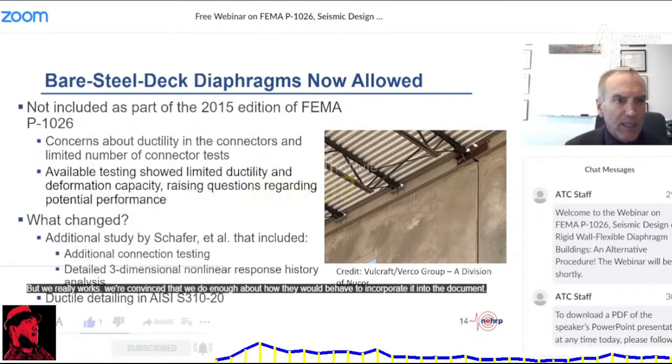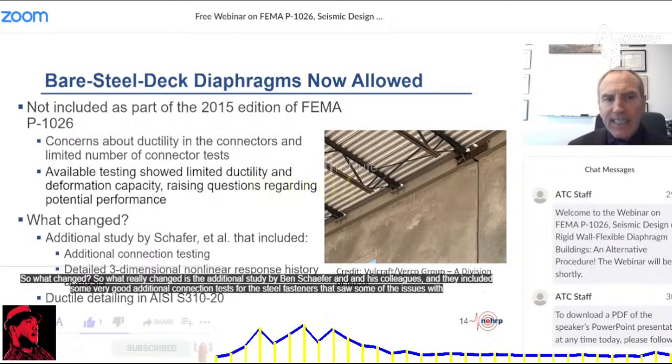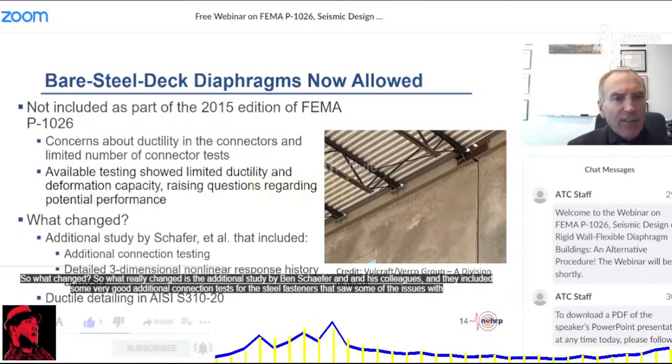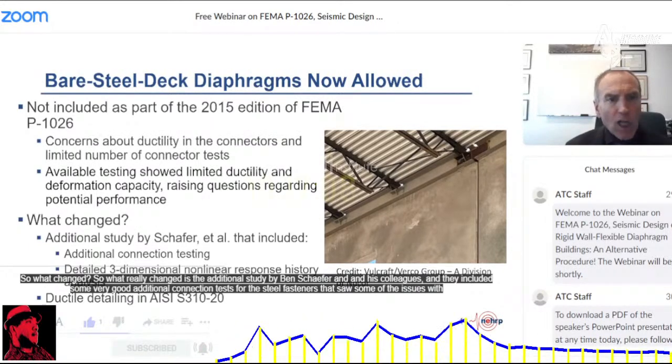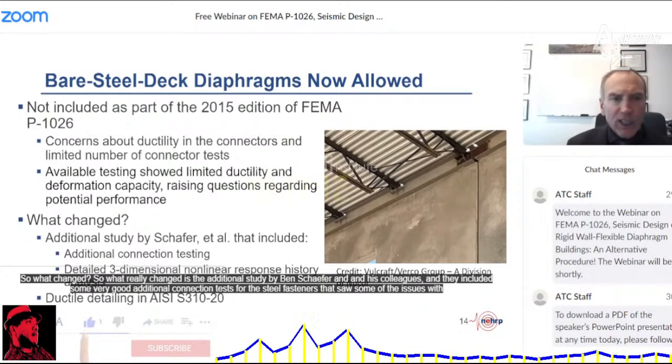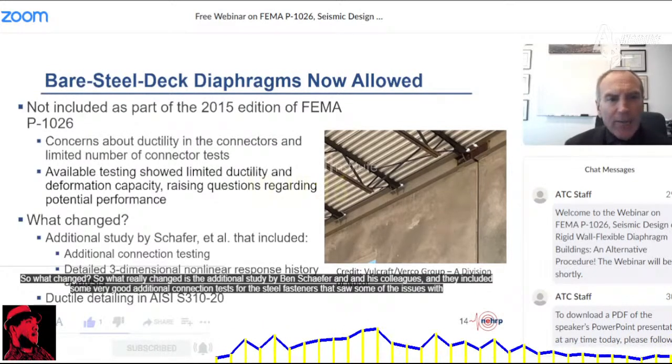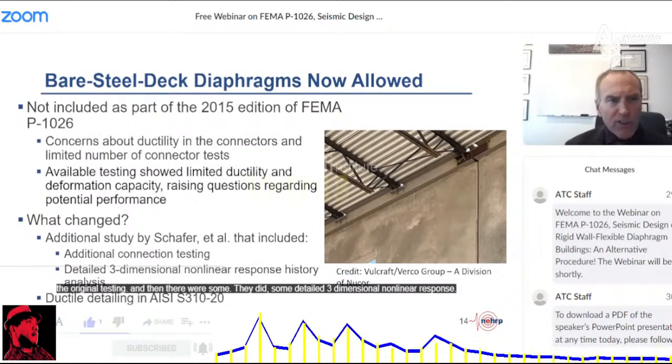So what changed? So what really changed is the additional study by Ben Schaefer and his colleagues. And they included some very good additional connection tests for these steel fasteners that solved some of the issues with original testing.